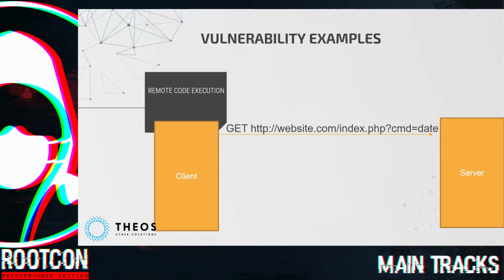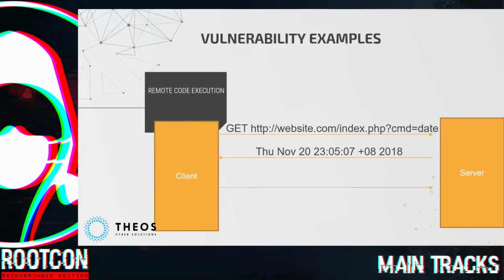The request is issued to the website and it renders index.php, which includes the cmd being invoked. Afterwards, you query cmd equals date, and the server responds with the output from the terminal, which is the date.